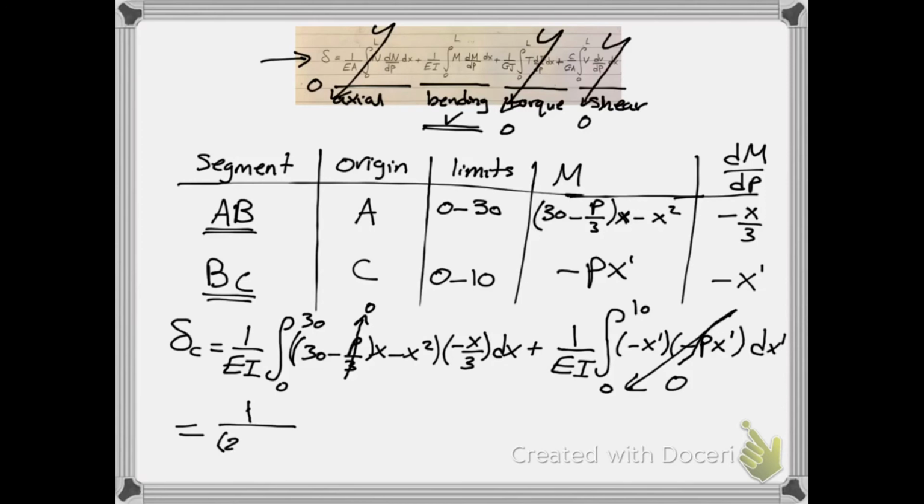So 29,000 times 2,000, and it's going to be the integral from 0 to 30 of x minus x squared times negative x over 3 dx, and this comes out to be, let me do it on my calculator really quick.